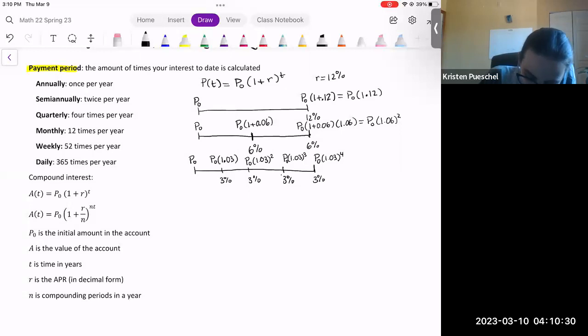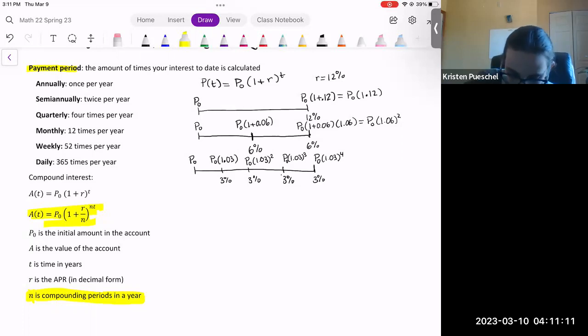In general, if we have n compounding periods in a year, if we want to calculate our interest n times in a year, the way that we're going to do this is with this formula, where we take our initial amount in our account. We're going to multiply this by 1 plus our yearly rate over the number of compounding periods. And then because we have so many more compounding periods, this is going to be to the compounding periods times time as our exponent.